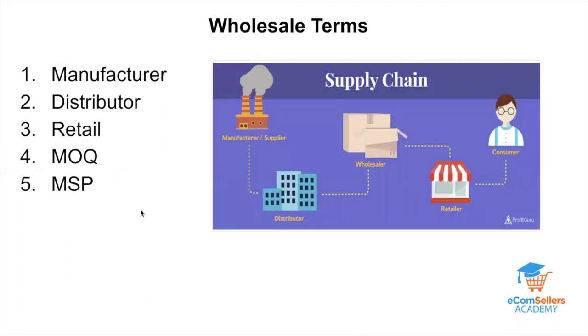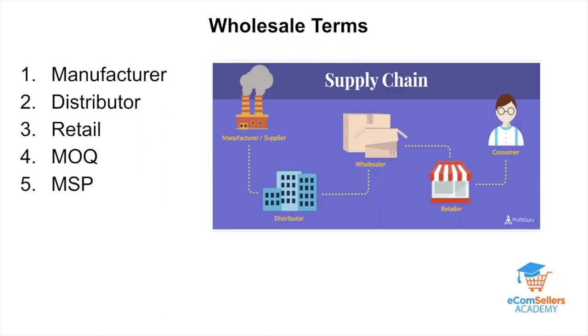Wholesale terms. These are just a few terms that you'll come across once you start researching how to sell wholesale products. You'll hear the term manufacturer, and most of the time, the manufacturer is the creator of the product or the brand owner of the product. You have the distributor, that's the person who's licensed to distribute the product to the consumer or the retailer or other wholesalers.